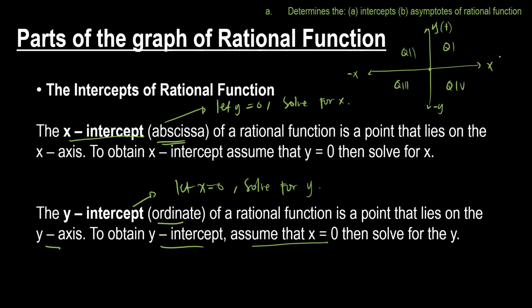In quadrant 1, we have positive x, positive y. In quadrant 2, negative x, positive y. In quadrant 3, negative x, negative y. In quadrant 4, positive x and negative y. So that's the fourth quadrant and their signs.